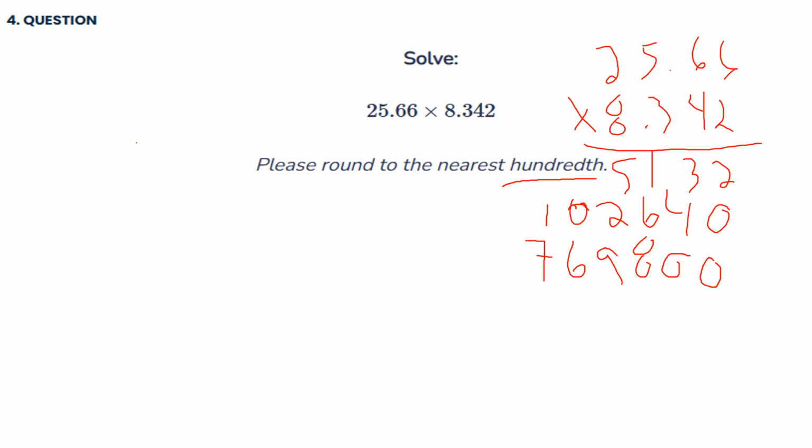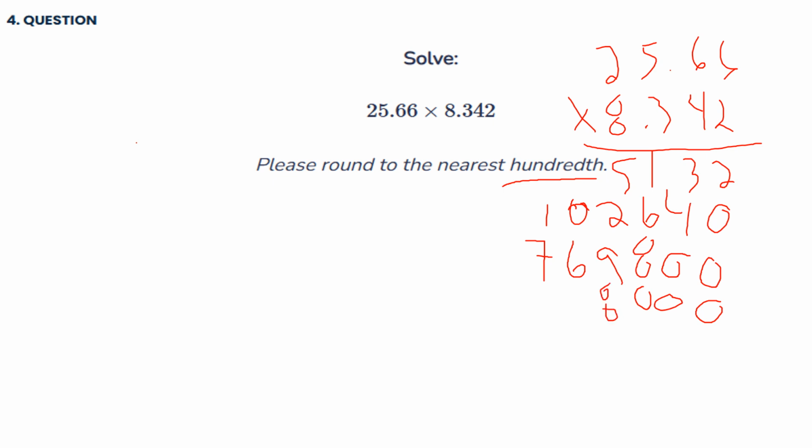All right, moving on to the thousands place. So since I'm moving on to my thousands place, I need to add a 0 for my ones place, my tens place, my hundreds place. Now I can start multiplying the number that's in the thousands place with all of the numbers in the top number. So 8 times 6 is 48.